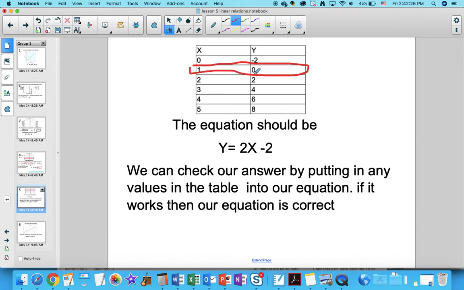Okay, my y is 0, so 0 equals 2, that's our slope, times, I replace my x with what I have here, 1, minus 2. Order of operations. 2 times 1, we do multiplying first. So 0 equals 2 minus 2. Is that true? 2 minus 2 is 0, so it matches. So we know we did it right, right? You can check your answer, so you should never get these questions wrong.